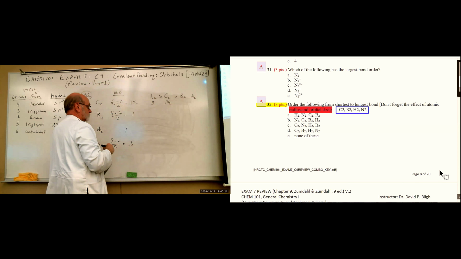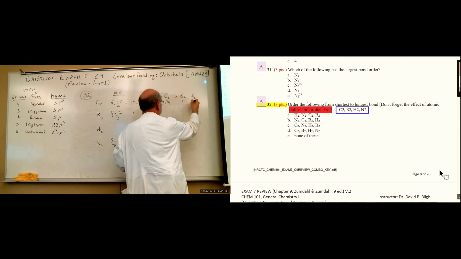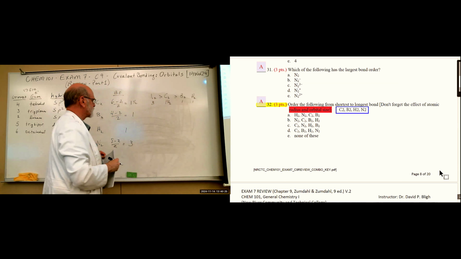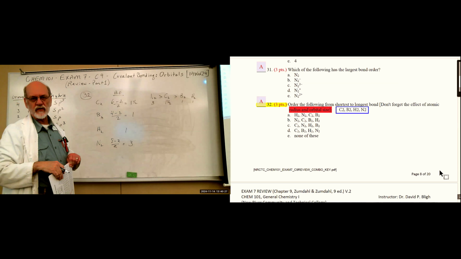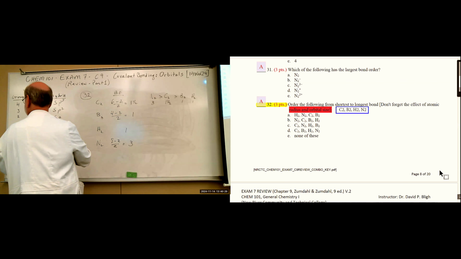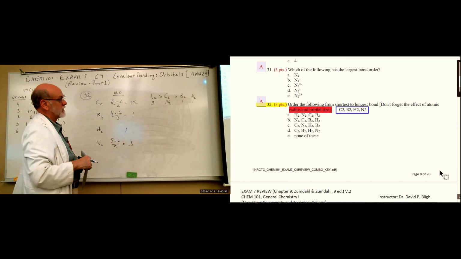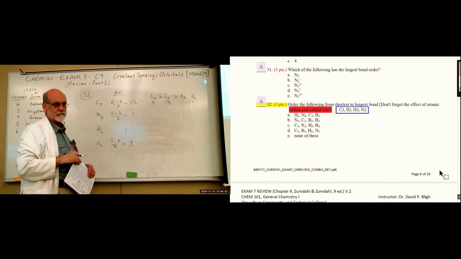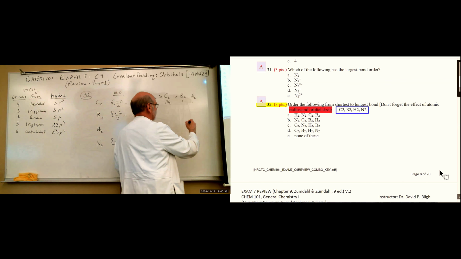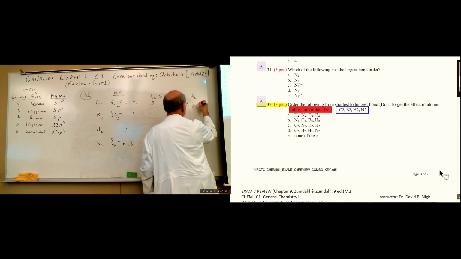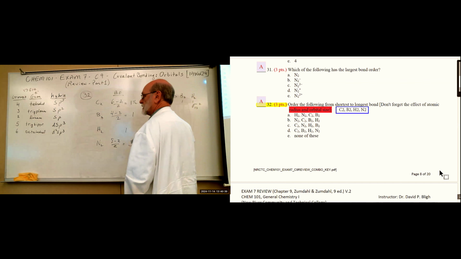Okay. Since these are bond orders of 1, which one gets the nuclei closest to one another? Hydrogen is working with a sigma 1s. Right? It's got a sigma 1s with 2 electrons.